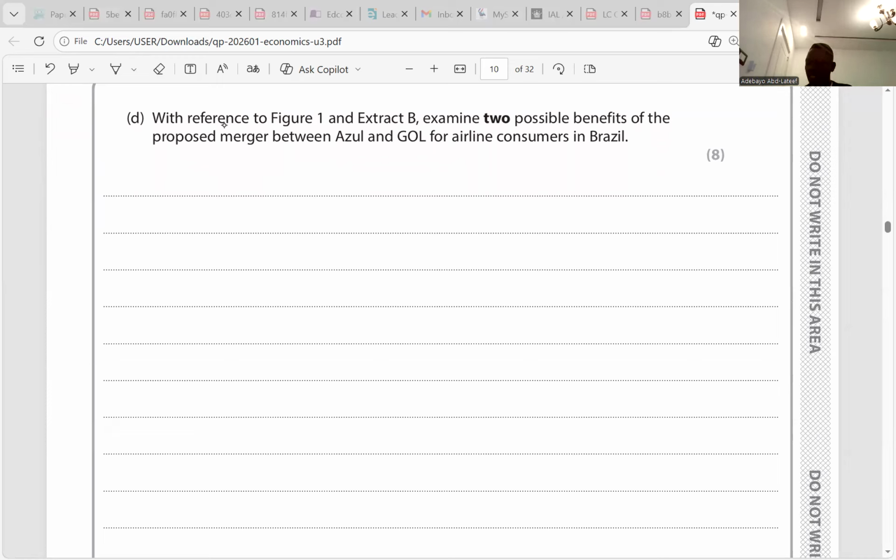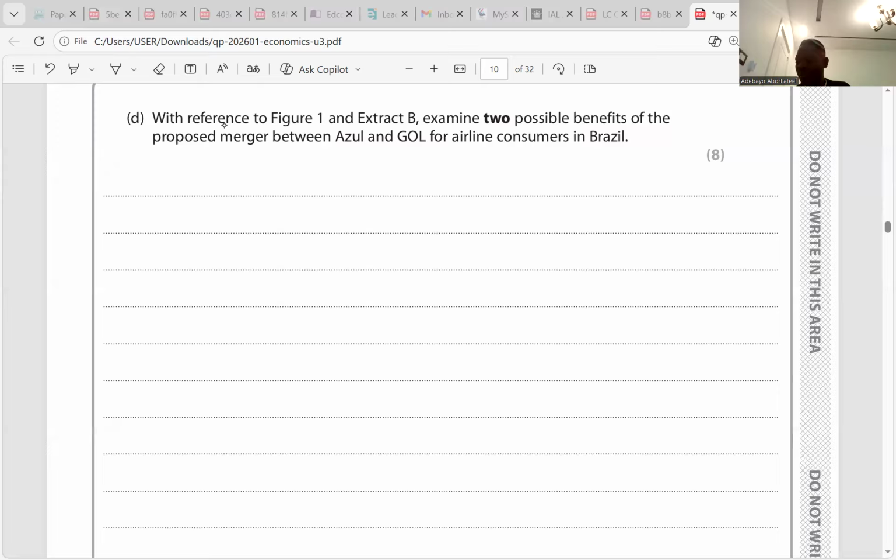So first, what is a merger? A merger is joining together of 2 or more firms under common ownership. The merger between Azul and Gol is an example of horizontal integration, as both are on the same line of production. Horizontal integration has many advantages for the firm.